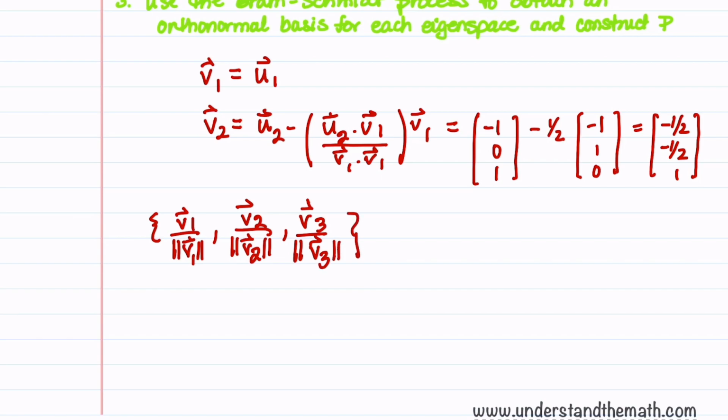And let's make a note, we didn't compute V3 because we can just set it equal to U3, since U1 is orthogonal to U3 and U2 is orthogonal to U3.